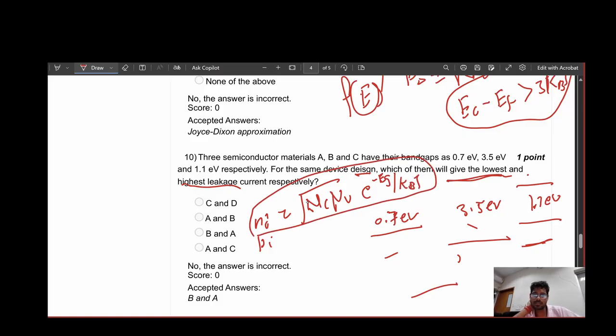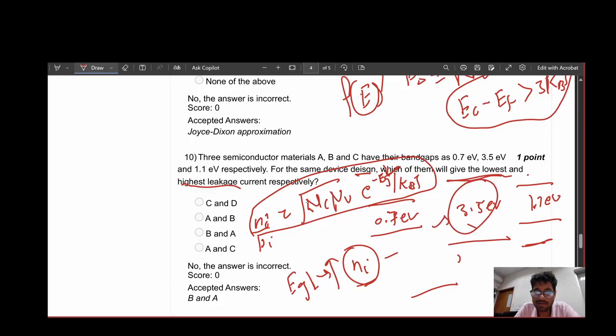So this is the equation. The less the band gap, the more will be the Ni, the intrinsic carrier concentration. The more the band gap, that is the 3.5, the less will be the Ni.